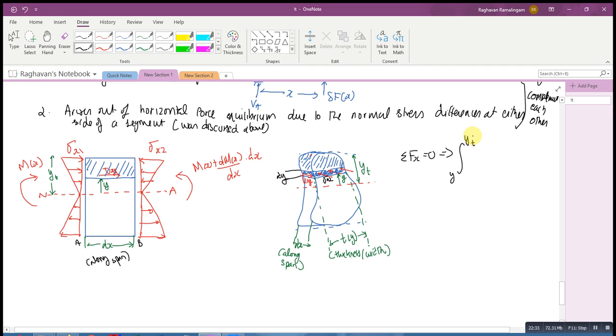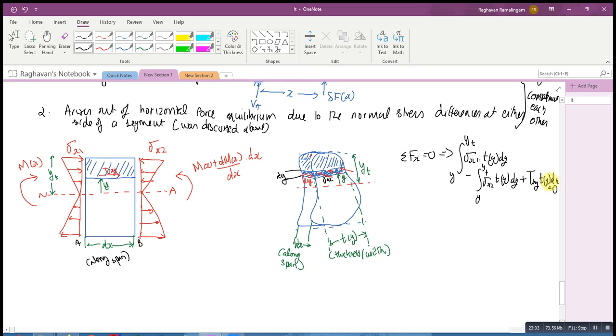So I'll say y to yt, integral of sigma x1 times t of y dy, minus integral y to yt of sigma x2 t of y dy, plus tau xy t of y dx equals 0.